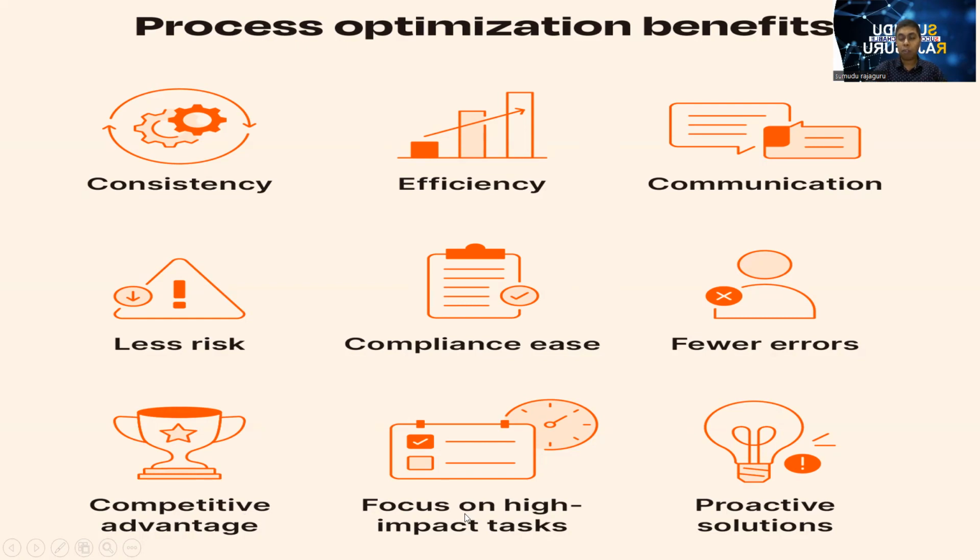When we consider your manufacturing process, or if you are providing a service, the process of providing the service, if that process includes high impact tasks, process optimization will support getting good results.